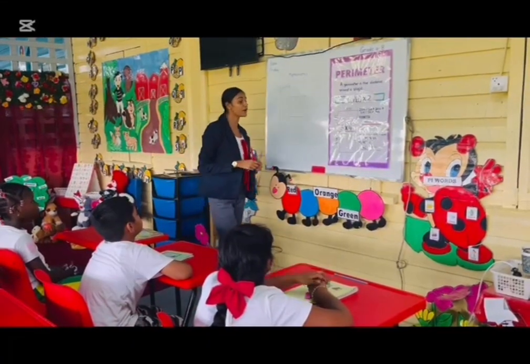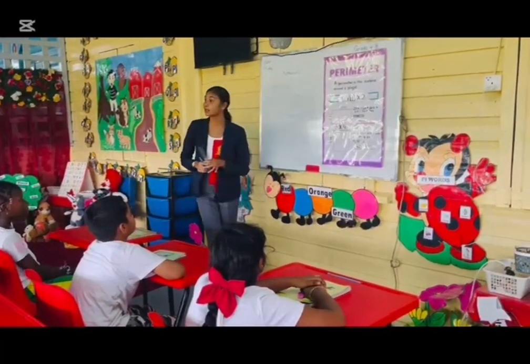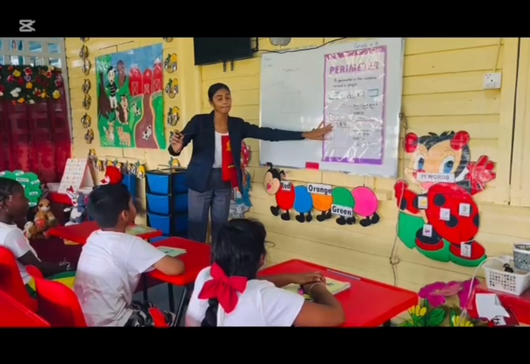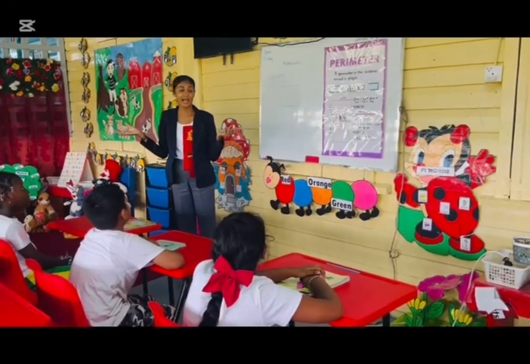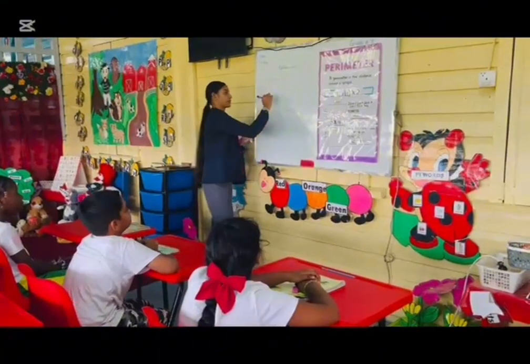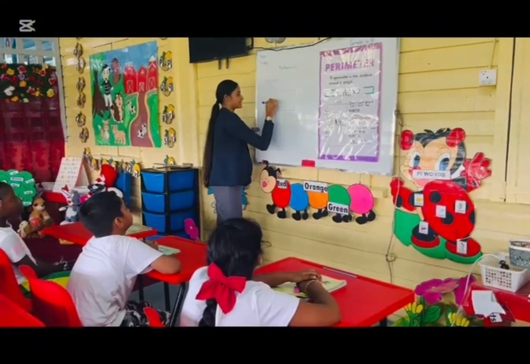Let's look at the formula for finding the perimeter of the square. What's the formula, class? S times 4. Now, what does the S stand for? Side. Now, let's say this is 10 cm, right?